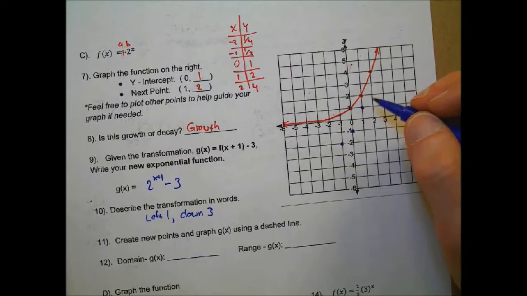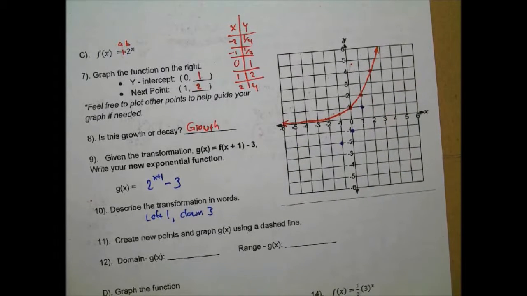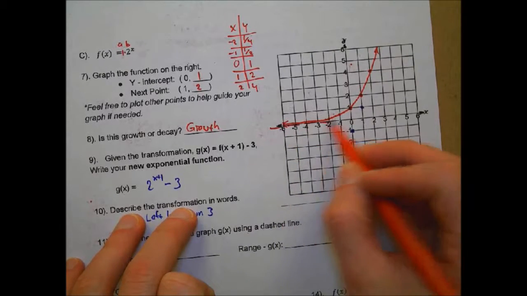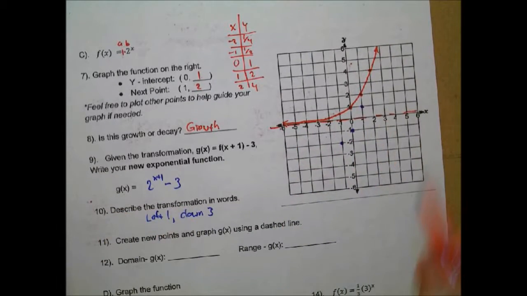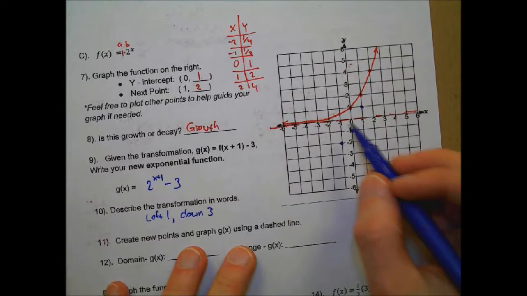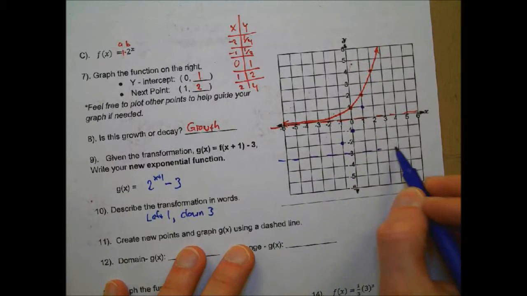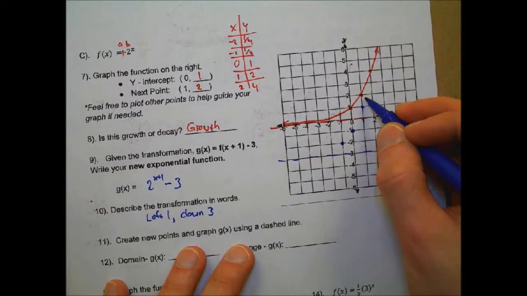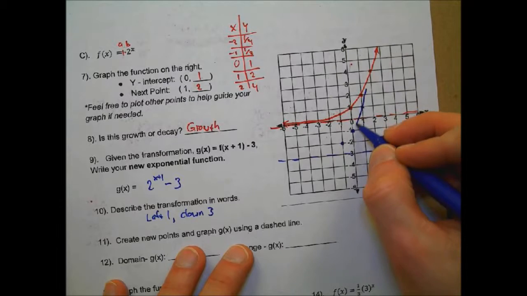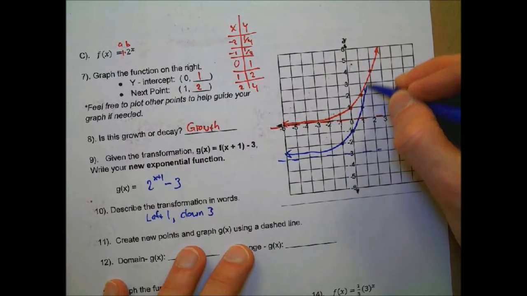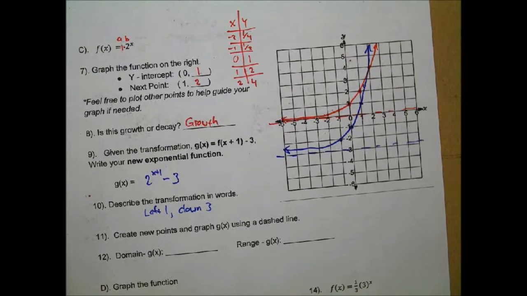The asymptote that's here at the x-axis also shifted. There's my asymptote. That also is going to shift down 3. So down 1, 2, 3, there's my asymptote right there. And so we'll just have something like this. I don't know if it's going to go through the exact same points there or not, but you get the idea. So there's the other curve.